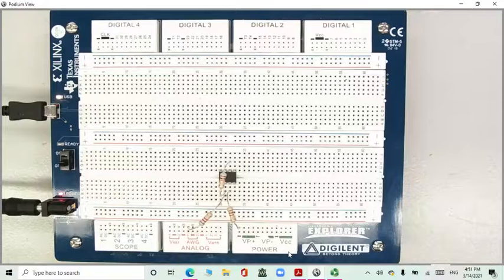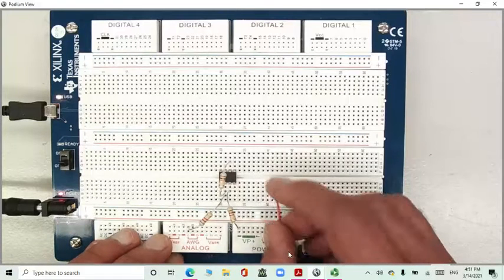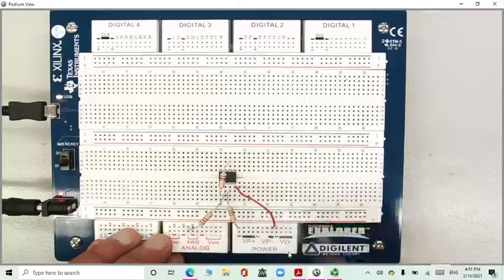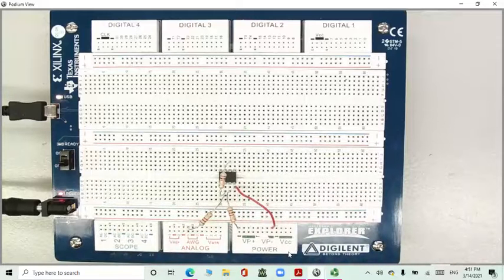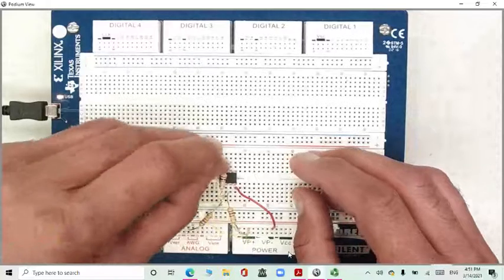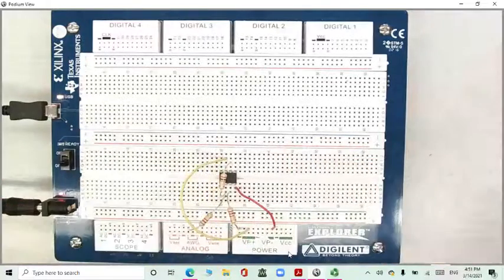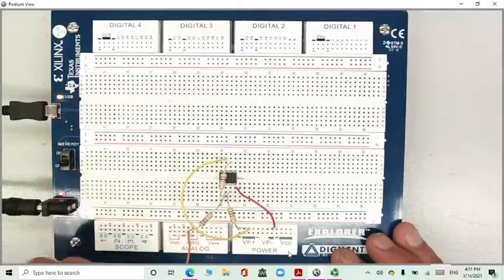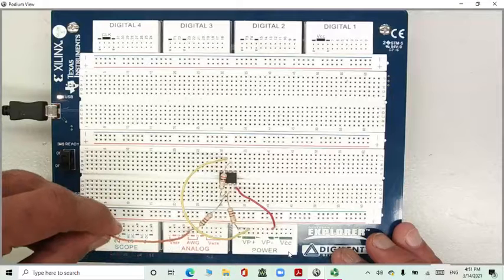Now we have to supply our op-amp with positive and negative voltage. The negative is to pin 4 and positive to pin 7. Also, we need to connect our input to the scope.